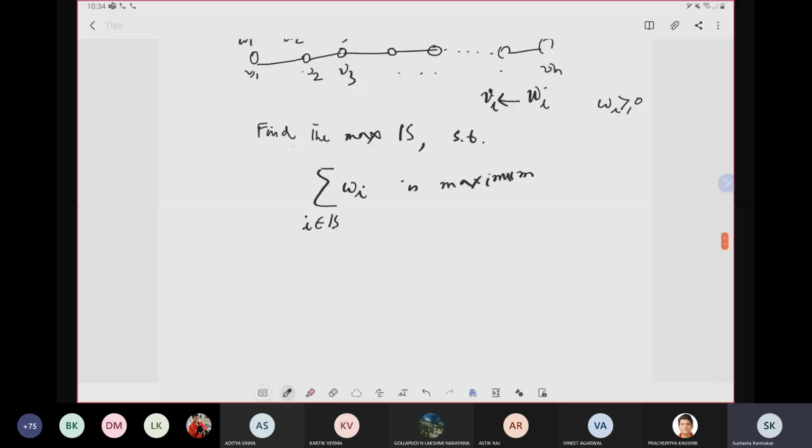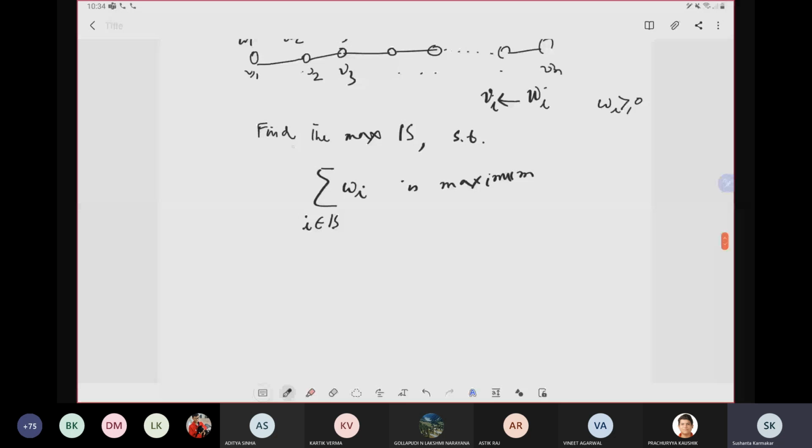Now, what can be a solution? One can say, okay, I will sort the elements and take the elements from the top.